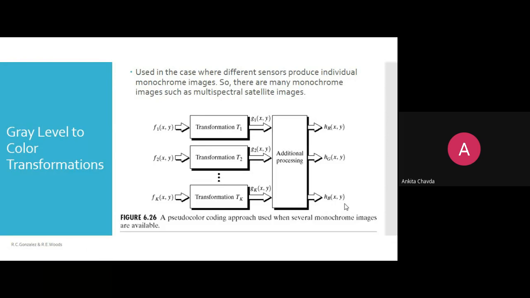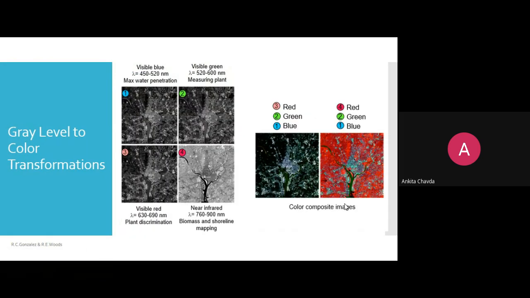So you can see the example first, then we will come over here again. See, this is the visible blue color, in the wavelength 450 to 520 nm. So maximum water penetration would be here, and this is actually taken for the blue plane image.